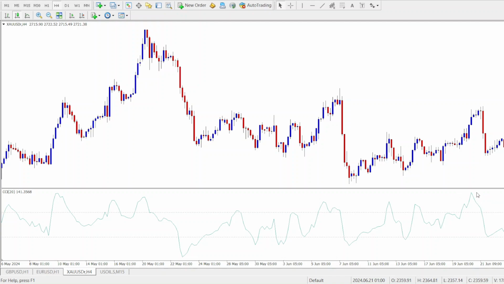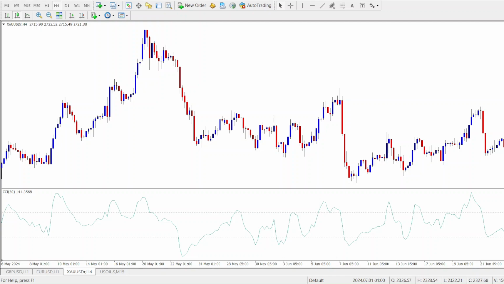It suggests that prices are higher than the average, indicating an overbought condition, between here and here. As for low CCI values, they are values below minus 100. It suggests that the prices are lower than the average, that is between here and here. It indicates an oversold condition.